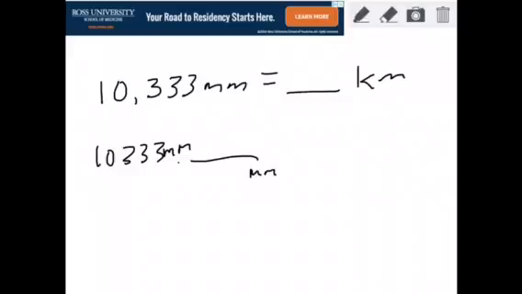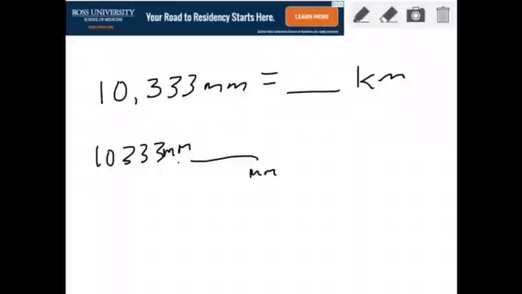Usually when we do this, it's easier just to know that we need to stop at our base unit. If we're converting from millimeters to kilometers, we have our base unit in the middle there. So it's easiest just to stop there because those are easier numbers to work with.